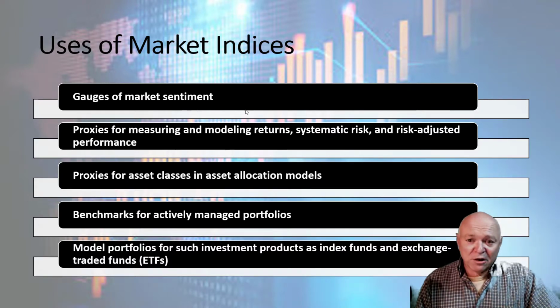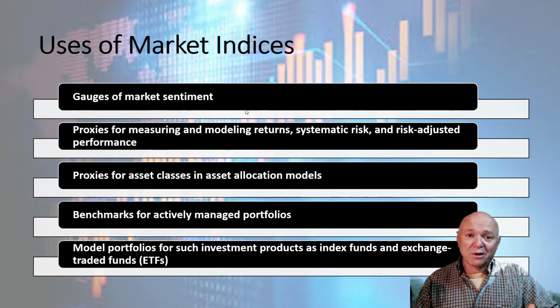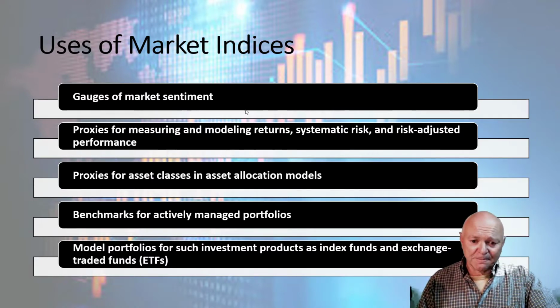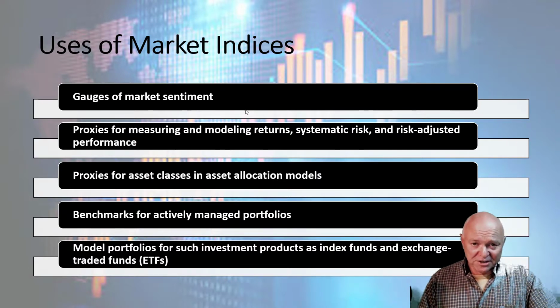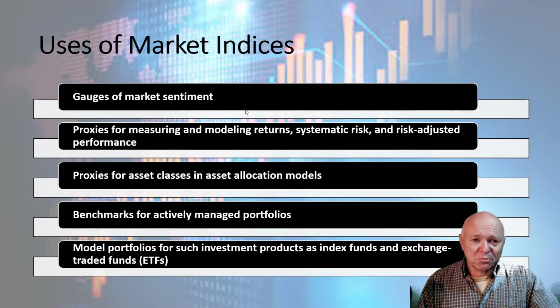So the markets give us an indication of the effect of new information. Indices provide proxies for modeling things like return, risk, and risk-adjusted performance, because we ask how we are doing relative to the other guys, and the other guys are the broad index of our market. They help us to create categories and determine whether we have the right correlation coefficients we talked about earlier in asset allocation models, in our strategic allocation.